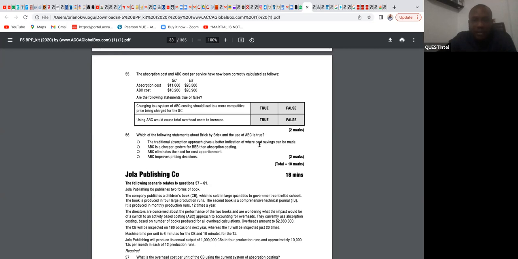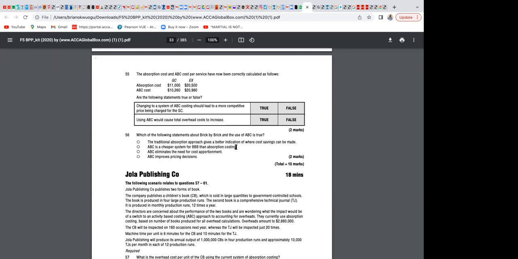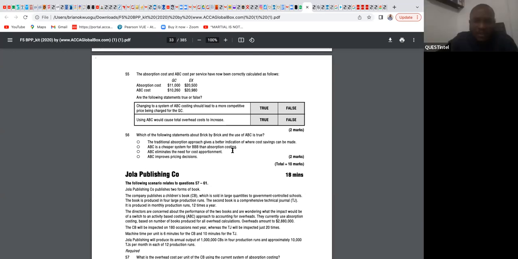ABC and absorption costing do not do anything per cost saving. So that's not a true statement. ABC is a cheaper system for BBC than absorption costing. True or false? ABC is more complicated, so it will actually be more expensive as a system. That's not a true statement.